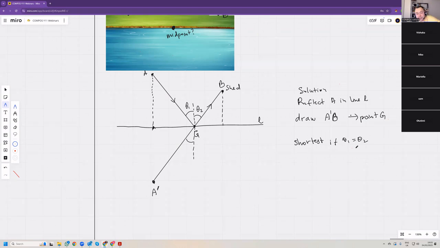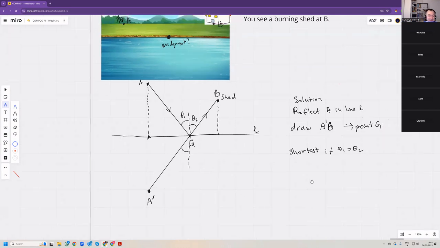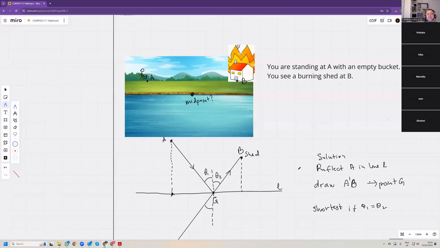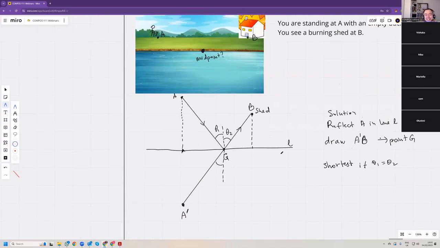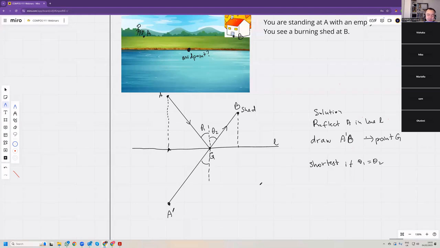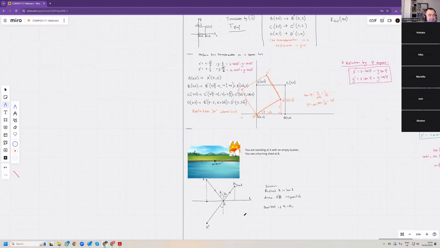That is the law of reflection, yes. Light, as we already know from physics, takes the shortest path. So light reflects, and so should you. You should reflect off the river, and that would be your shortest path. You can show that if you choose any other point, the path would not be shortest.